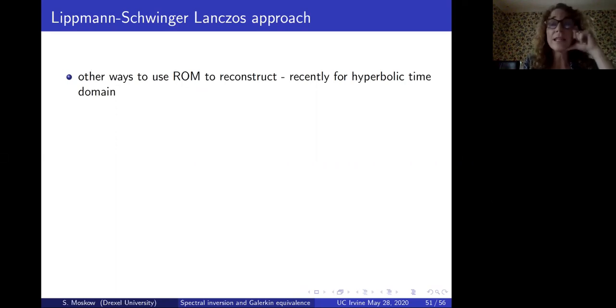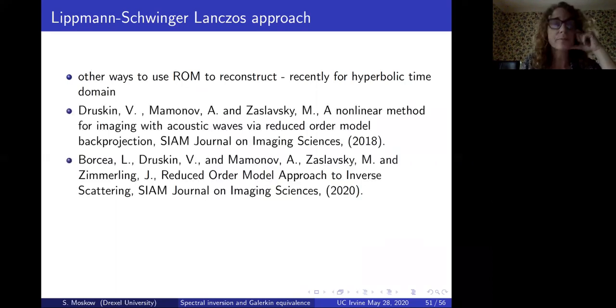So recently, for hyperbolic problems in the time domain, there have been works with some very impressive reconstructions using two other methods. One is back projection, and another is just looking at how the model is perturbed itself. So there are other ways to use the model to reconstruct things.